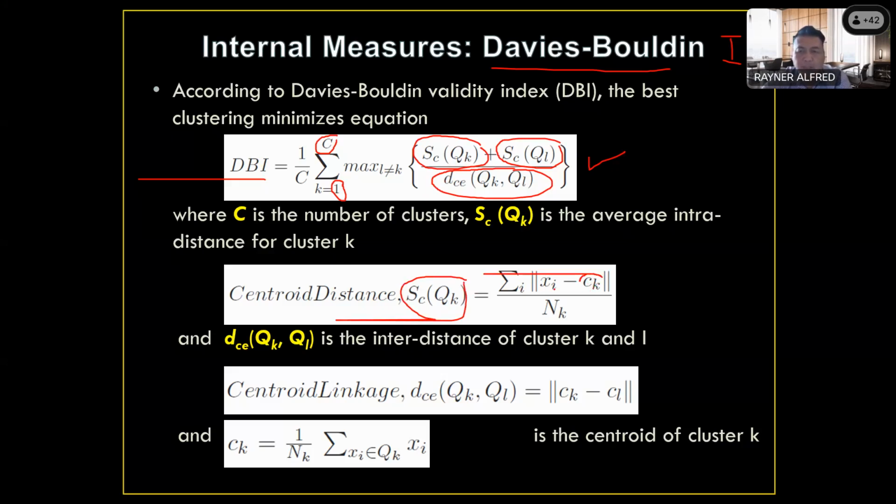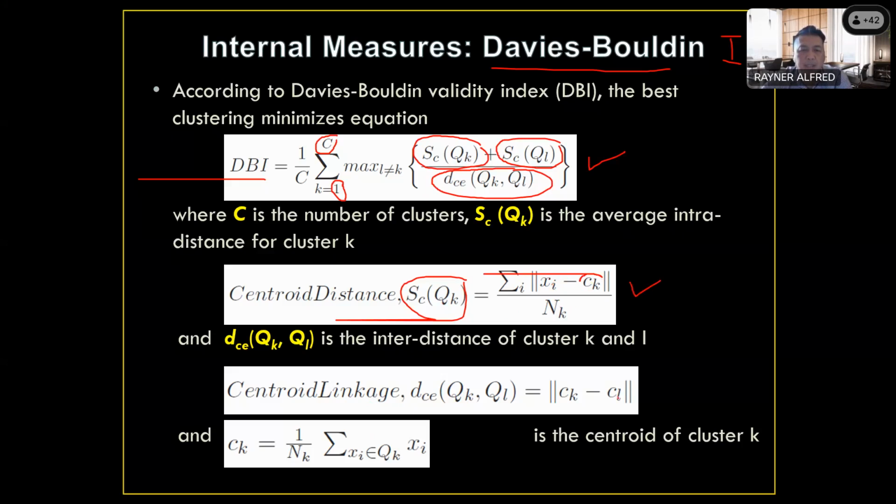So I want to find the compactness of the cluster, and I take the average distance between that particular center and the rest of the members. So this is the compactness.